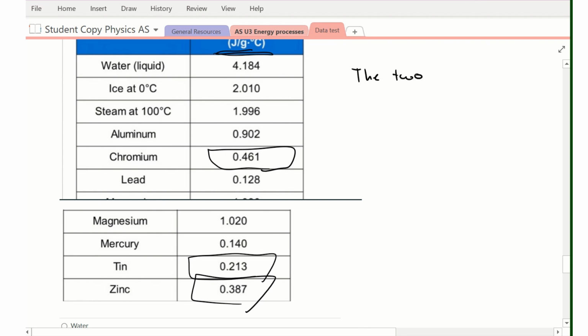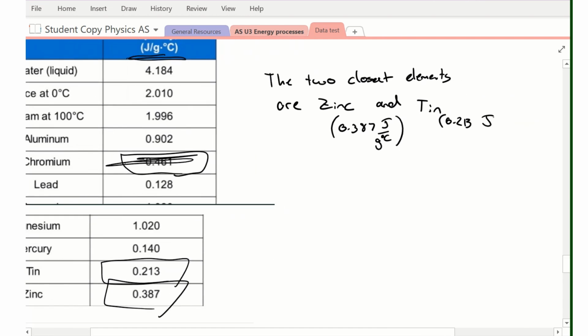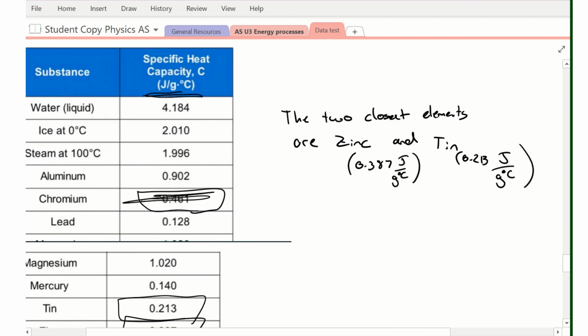So you might say something like, to compare them, the two closest elements are, well, zinc is clearly one. Zinc, and this is way too big. So either zinc or tin. And you might even put their specific heat capacities in there. Zinc is 0.387, and tin, let's include the units too, joules per gram, degrees Celsius. And tin is 0.213 joules per gram, degrees Celsius.